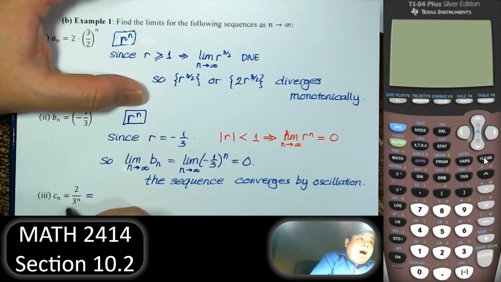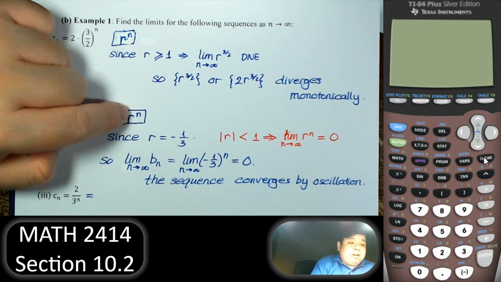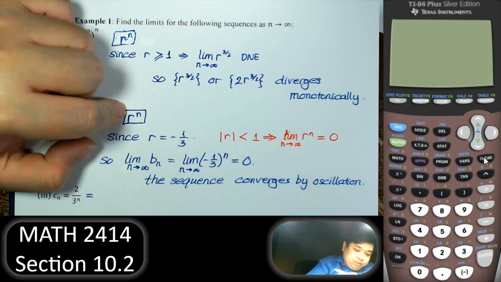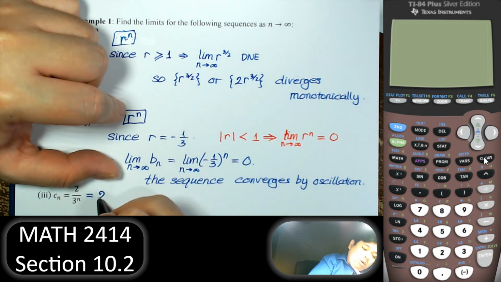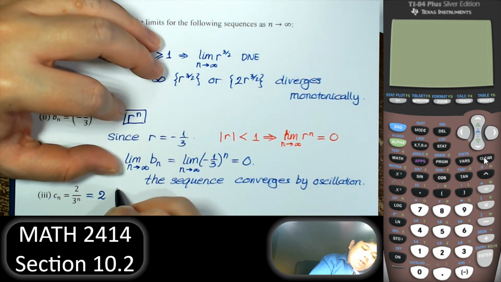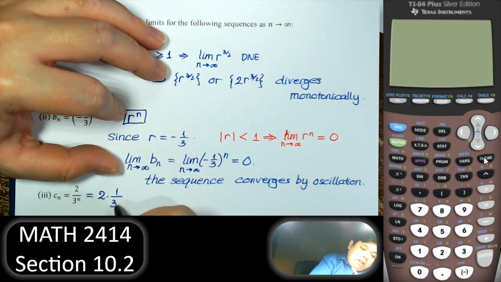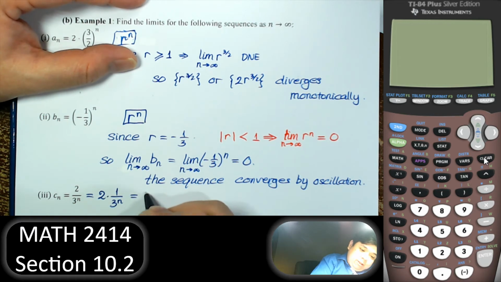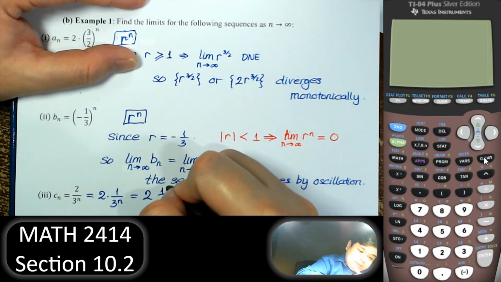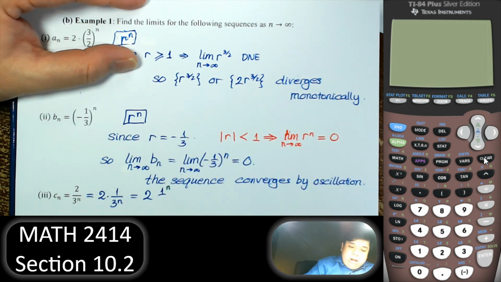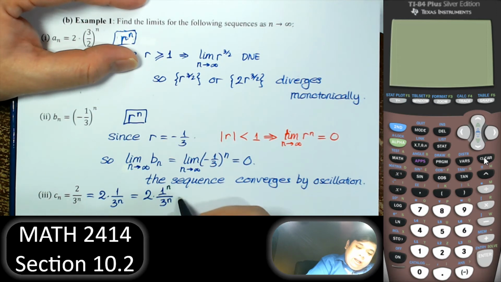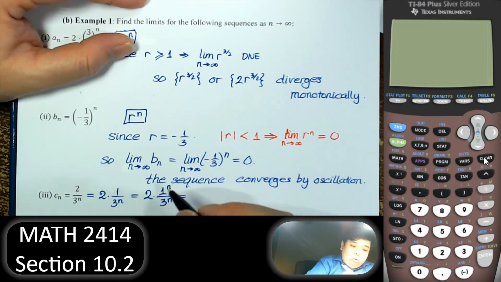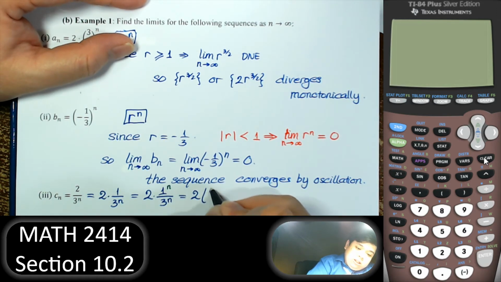Anyway, we need to rewrite it like this, so we have the r to the n power. To do that, I'm going to write 2 times 1 over 3 to the n. Now we can say r to the n power, and we can bring both the 1 and the 3 inside.